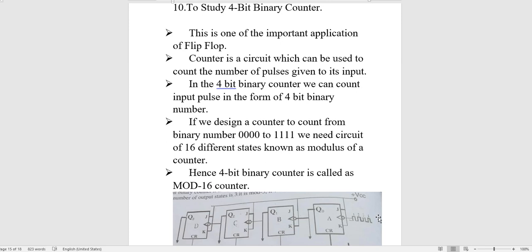That is, in this circuit there are 16 different states, so the modulus of the counter is 16. Hence the 4-bit binary counter, which consists of 16 different outputs, is called a mod 16 counter. So why is the 4-bit binary counter called a mod 16 counter? Because it consists of 16 different states.